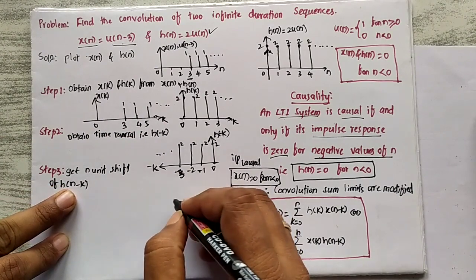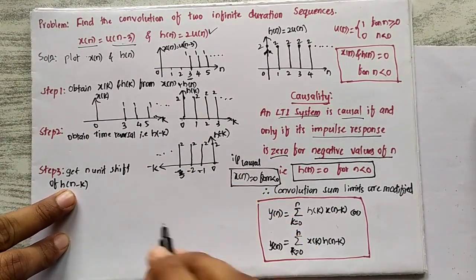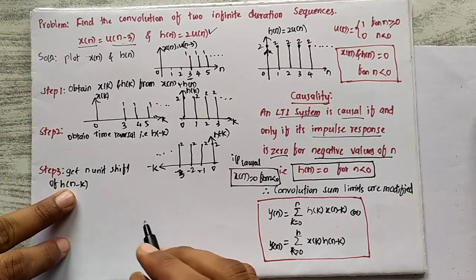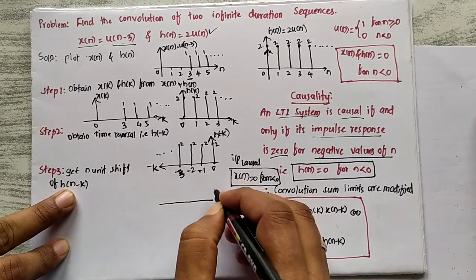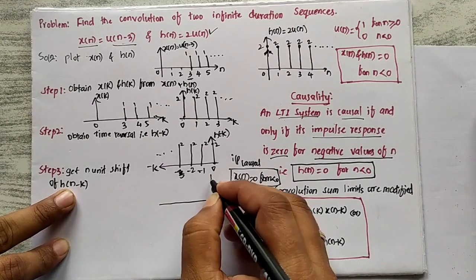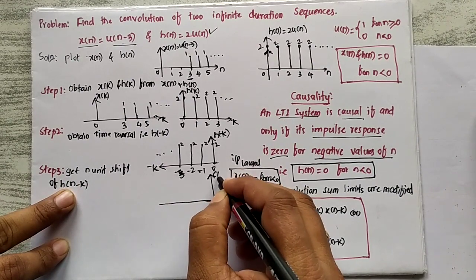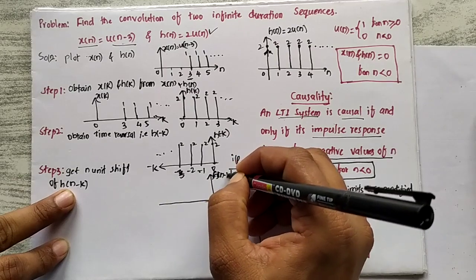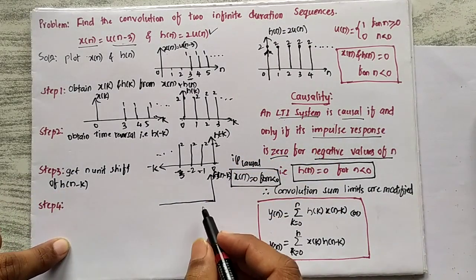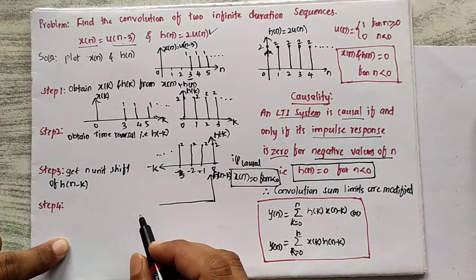H of n minus k is nothing but what? We have to shift the signal by n units. So whatever the values of this h exist, now they have to be shifted to the left side by n units.